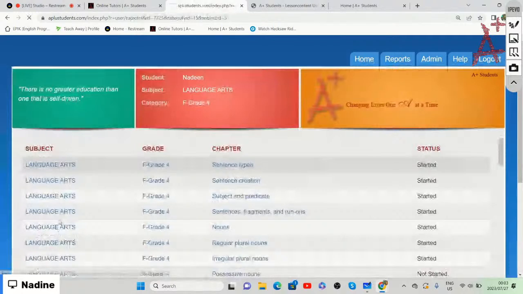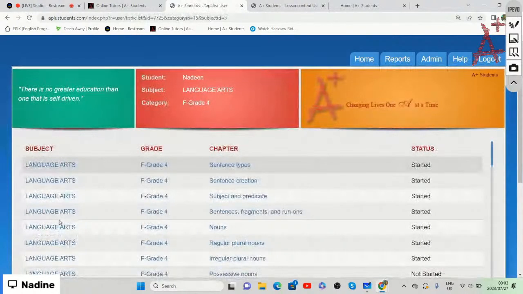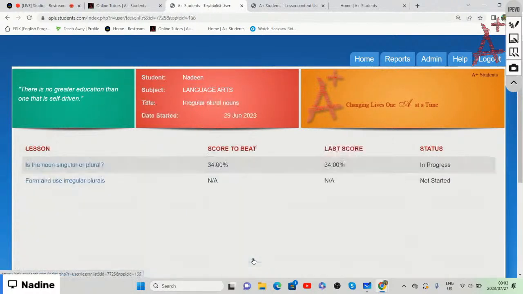All right, so in our previous lesson, we did regular plural nouns. So our chapter for today is going to be on irregular plural nouns.